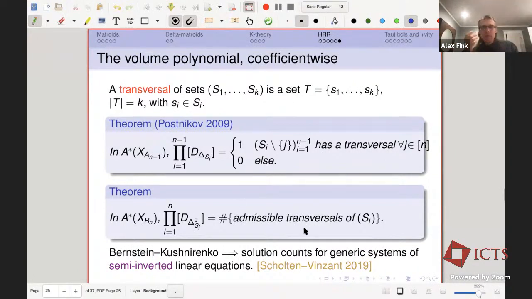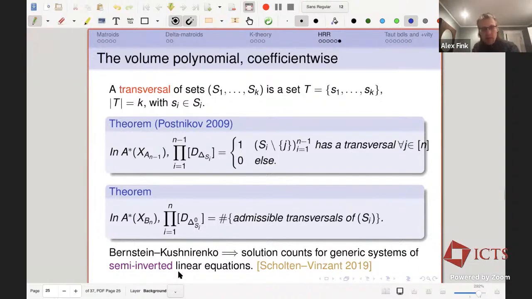In type B, what are you doing? You are taking your linear hyperplanes and inverting some of the coordinates. Replacing e_i with negative e_i corresponds to replacing x with 1 over x. So if you take a hyperplane, take the reciprocal of some of the coordinates, possibly different coordinates for each hyperplane, this theorem tells you the expected number of intersection points.